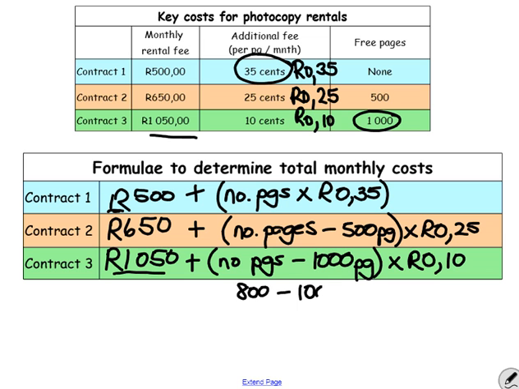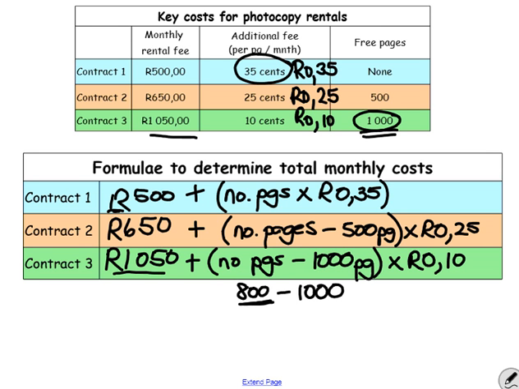Okay, you understand that? Remember I said if you use 2,000 pages, how much do you pay for? Well, you've got 1,000 free, so you only have to pay for 1,000, because 2,000 minus 1,000, you only have to pay for 1,000. Okay, but say now you use less than your 1,000.